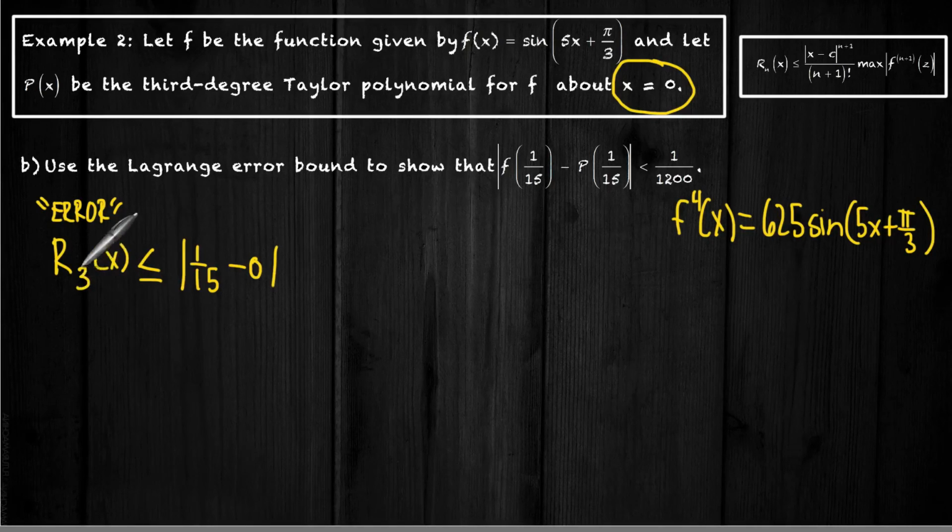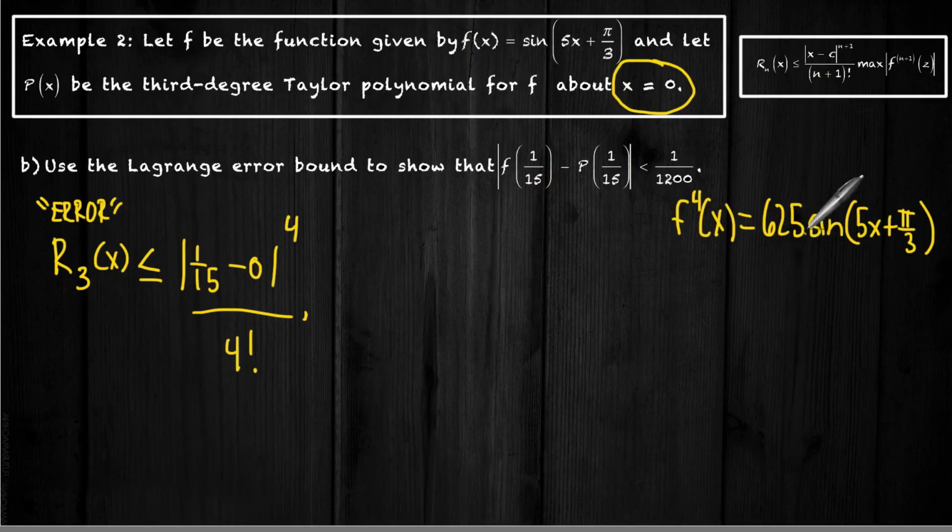Our n is our degree of our polynomial, so 3 plus 1 is 4, and that's going to be divided by 4 factorial.